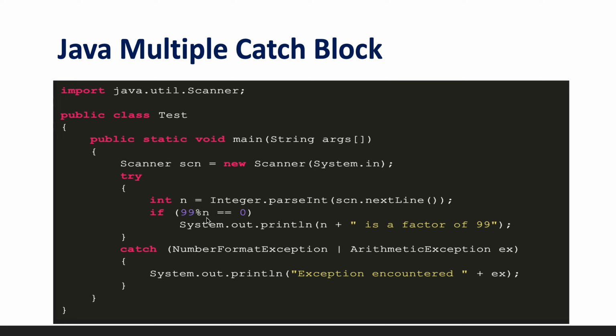Let's say this piece of code is producing a NumberFormatException or an ArithmeticException, and in both scenarios we want to do the same operation. So instead of writing multiple catch blocks, we can write one catch block and, using this pipe operator, define it like this and do some operations. This is another way of handling multiple exceptions, provided after Java 7.